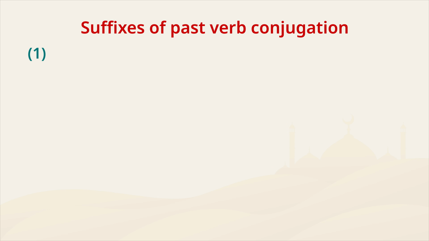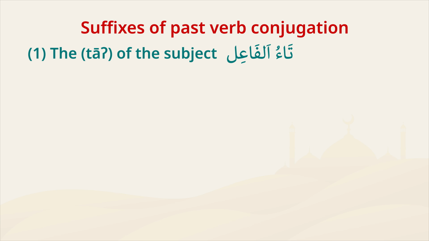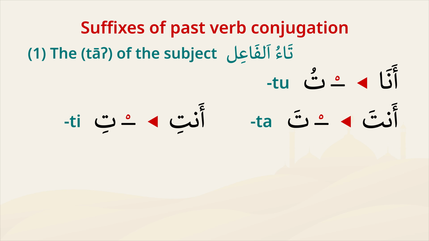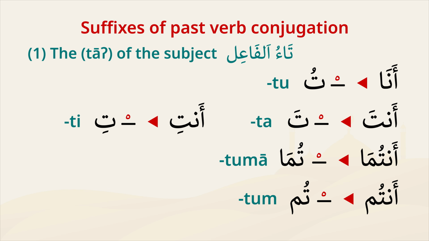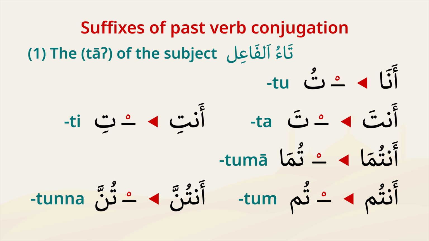The first pronoun that connects to the past tense is al-Fā'il, which appears in 6 forms: the first person singular, tu, and all the second person forms: ta, ti, tuma, tum, and tunna.